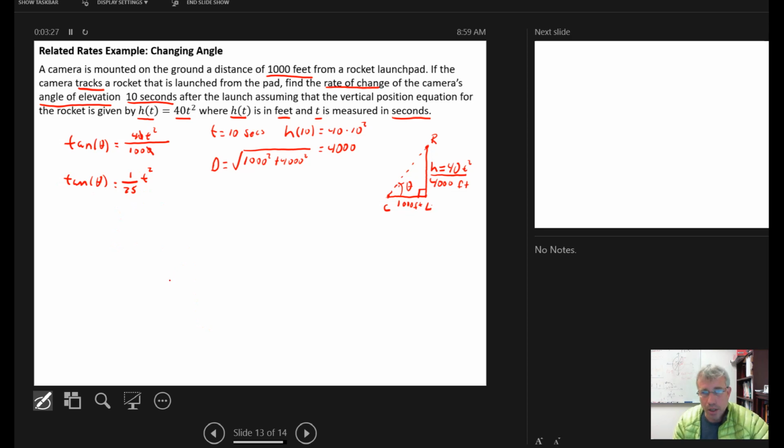And then what we can do is take the derivative. We want to know the rate of change of theta with respect to time. We have a chain rule problem where theta, which is a function of time, is inside of the tangent function. So we're going to use the chain rule and implicit differentiation.